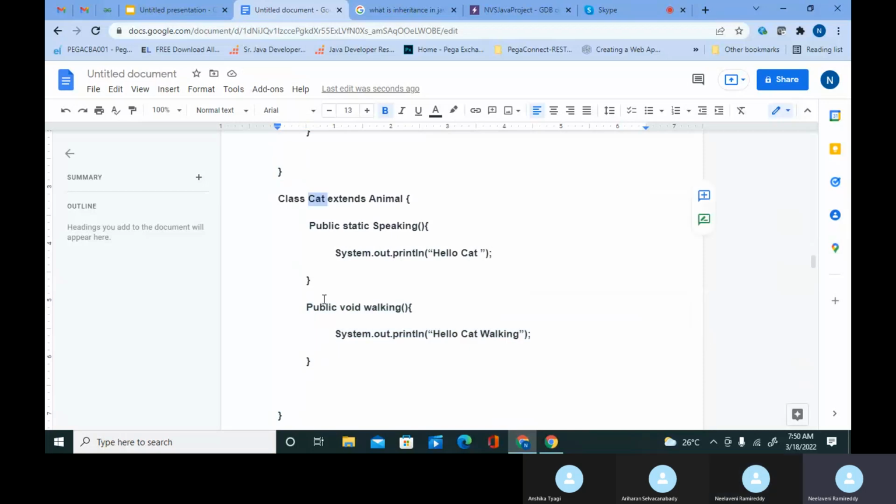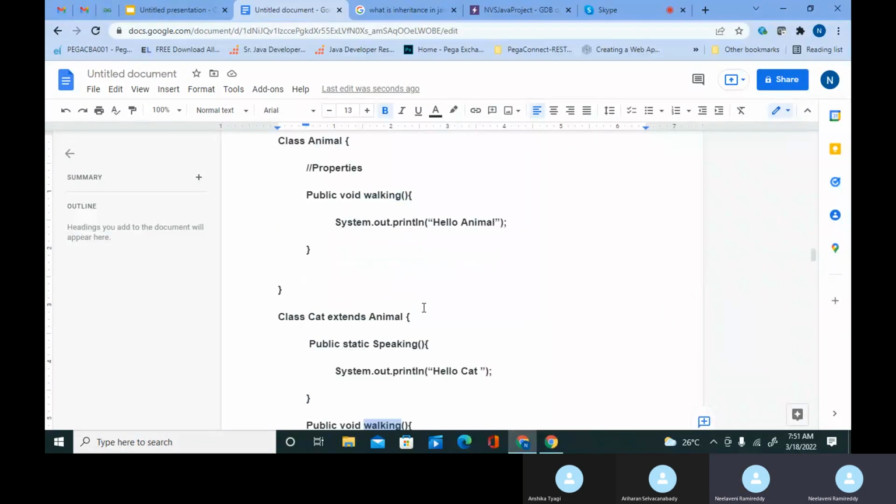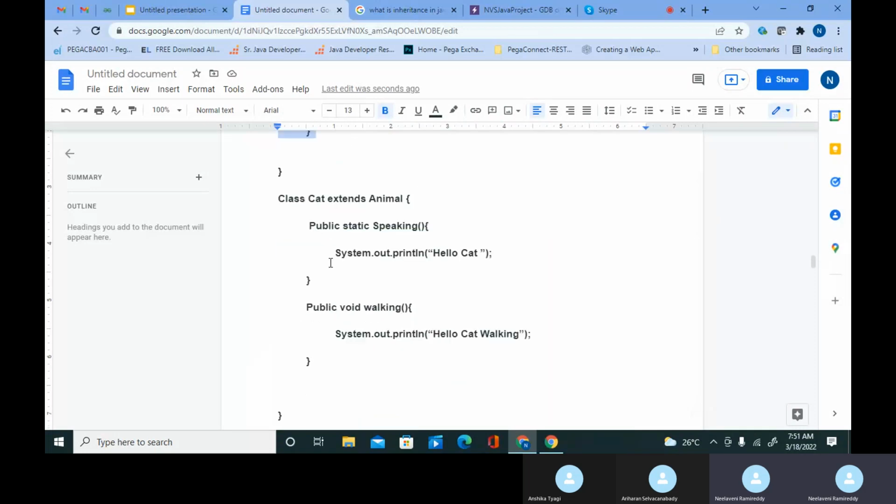This is the method overriding concept, right? The parent has a walking method, and in my child I again overrode my parent method. So this is what kind of polymorphism?